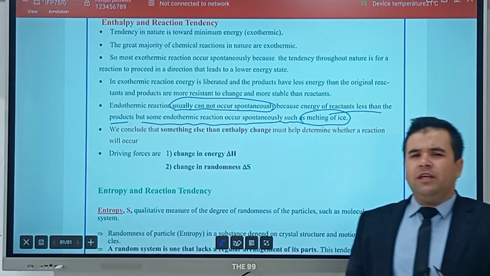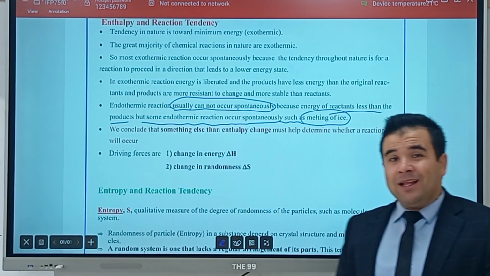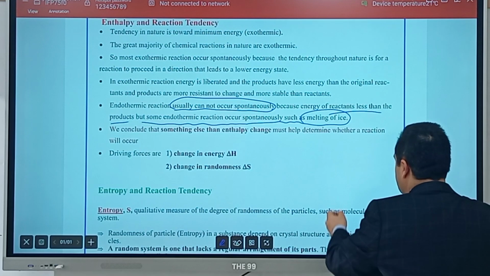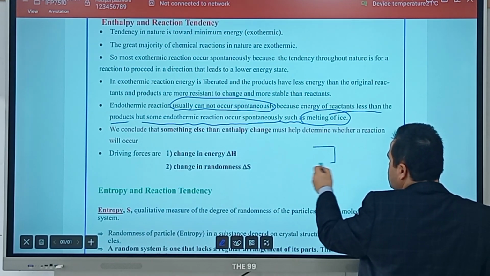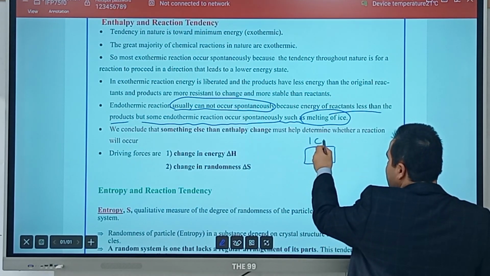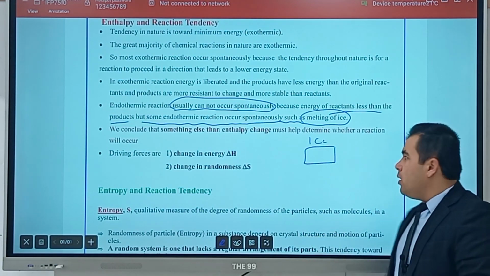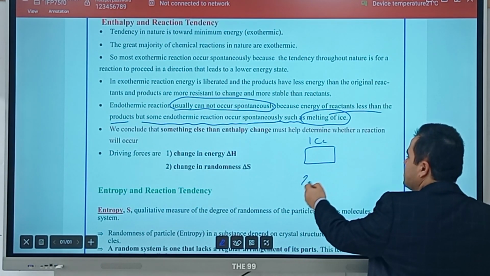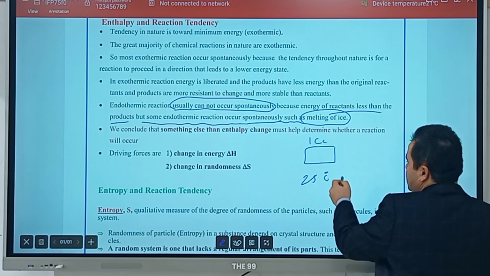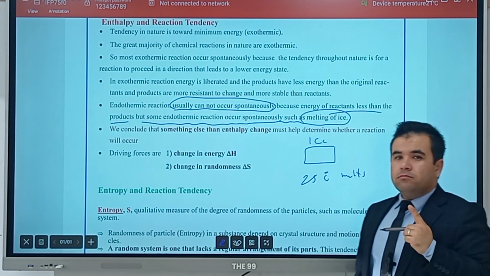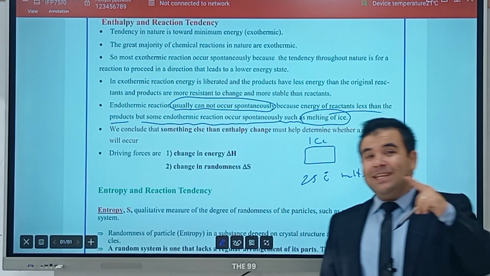So do we have any endothermic reaction or process that occurs spontaneously? Yes, of course. Suppose we have a piece of ice, guys. The piece of ice at room temperature, at 25 Celsius, melts without providing any heat to it.